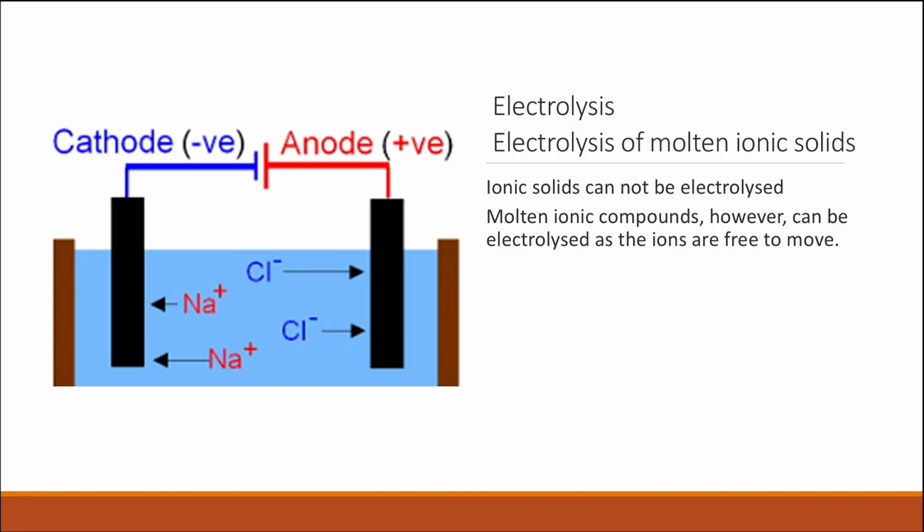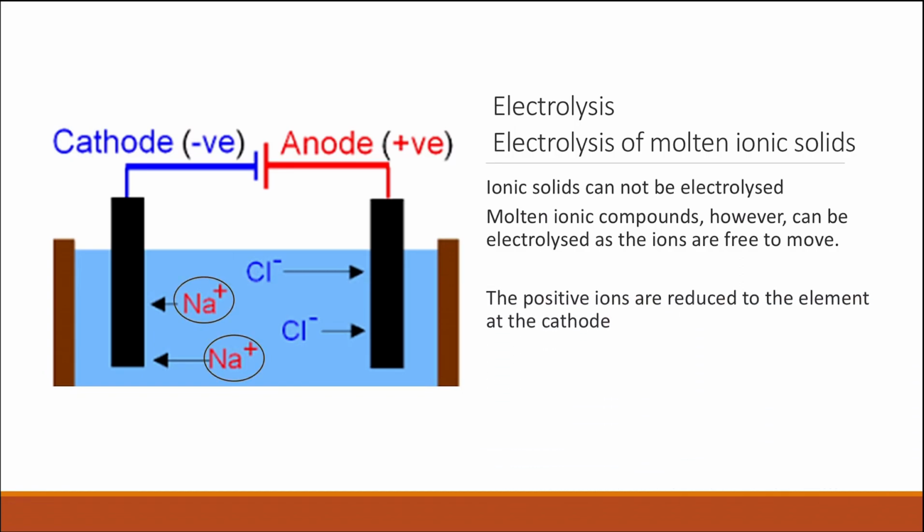In molten sodium chloride, the positive ions, which are the sodium ions, are reduced to the element sodium at the cathode. The ionic equation for this is that two sodium ions gain two electrons to give you the sodium element.